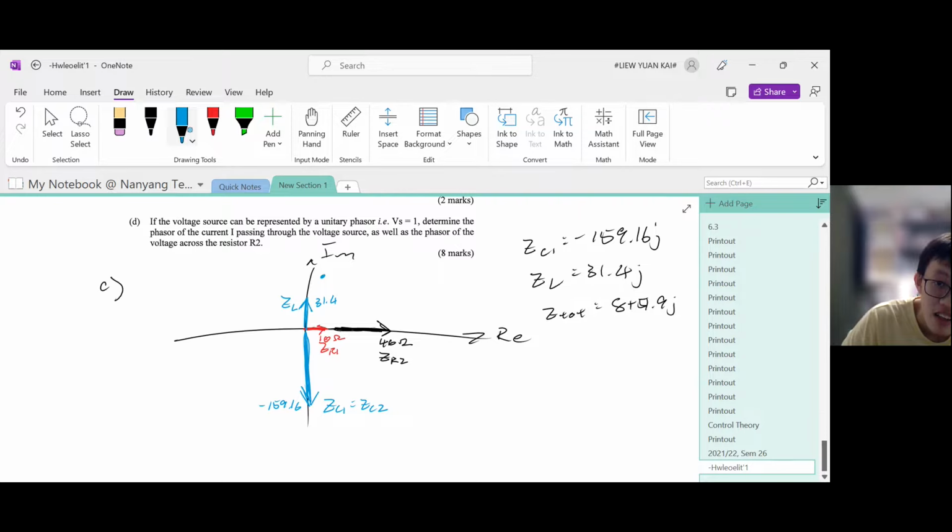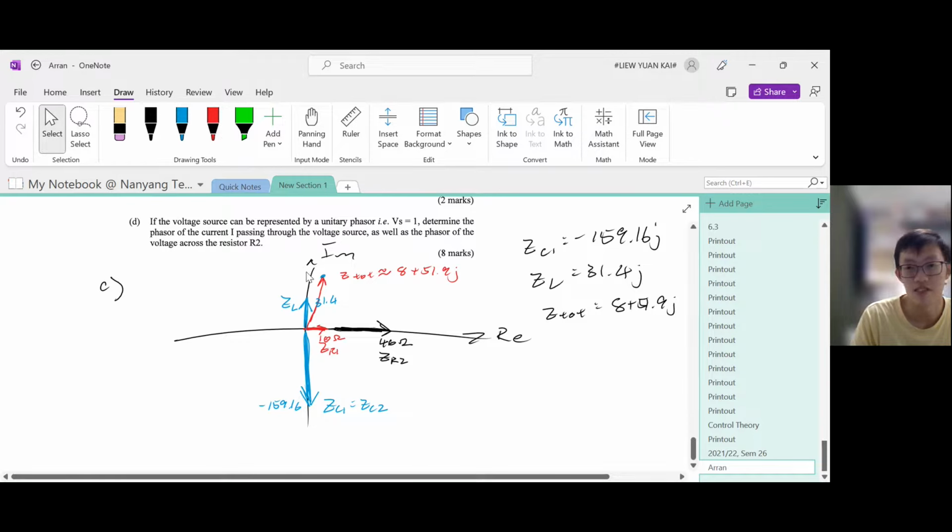Let me just put a different color. Okay, so this is Z total, which is about 8 plus 51.9J. Obviously you should make your sketch neater than mine. Use a ruler and try to roughly get the scales correct. Don't have to be exact, but you get the idea. Okay, so that's it.